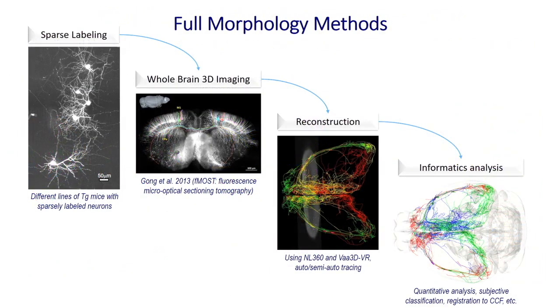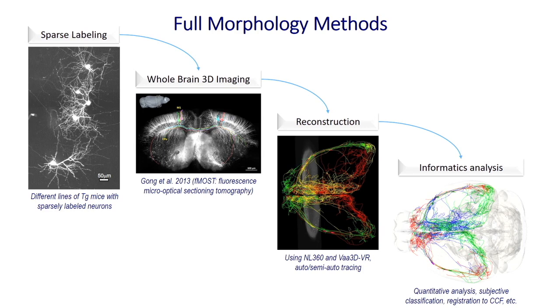The methods we use mainly include 4 parts. Different lines of transgenic mice with sparsely labeled neurons, the brain fixed, then sent to a host in China using the FMOST technique to get the image data.